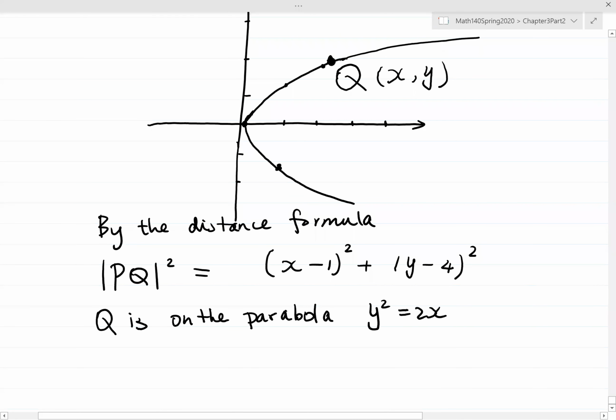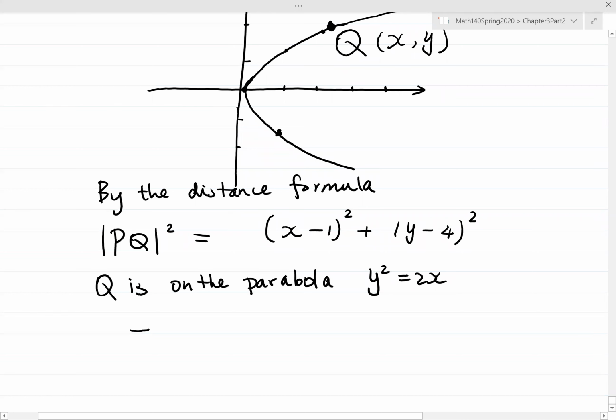We could solve for y, but it's unpleasant because you need to take a square root. So here we solve for x, and replace x in terms of a function of y. So this implies x is 1/2 of y squared.